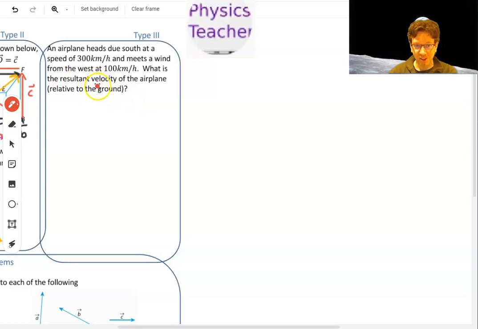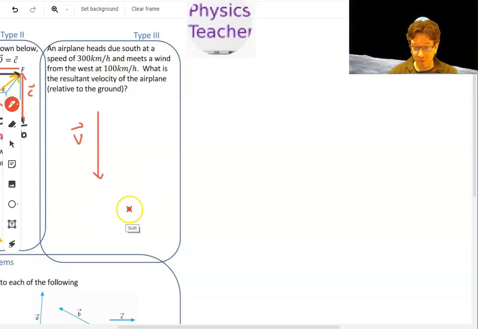So to figure out the resultant velocity, let's look at what these are. I'm just going to draw them. Here we would have going south at 300 kilometers per hour. I'm just going to label that V, the velocity of the airplane. And then the wind, we have something that says from the west. So be careful.